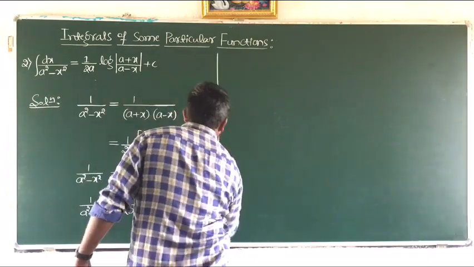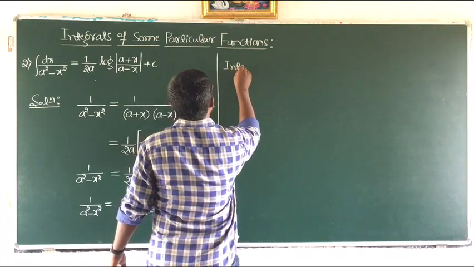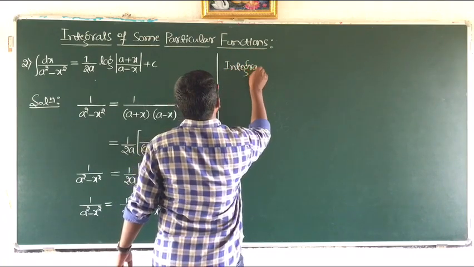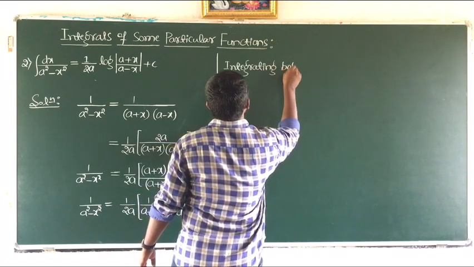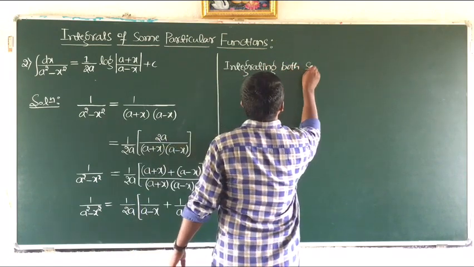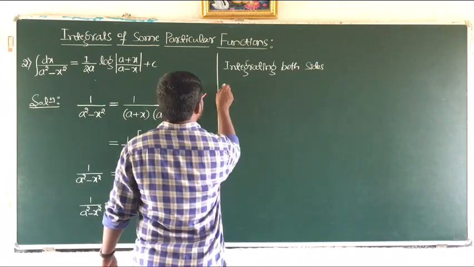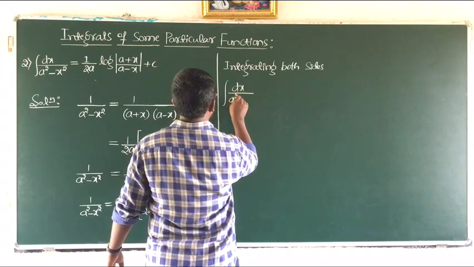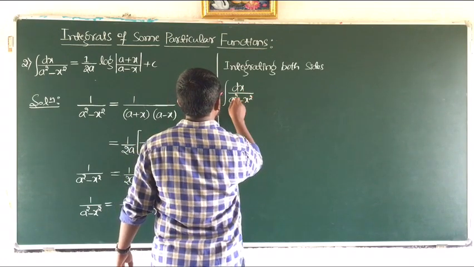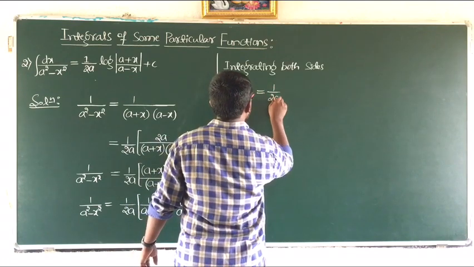Now in the next step we have to integrate both the sides. So here, integrating both sides, we get integral dx upon a square minus x square, which is equals to 1 by 2a. a is a constant, write it as it is.